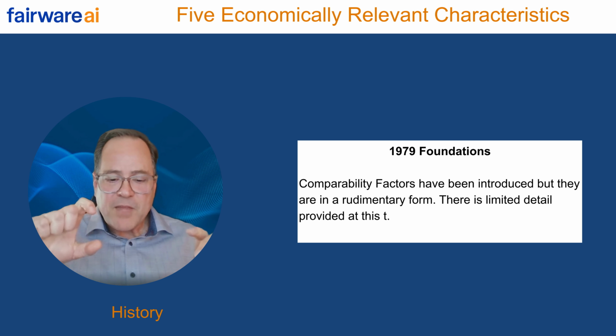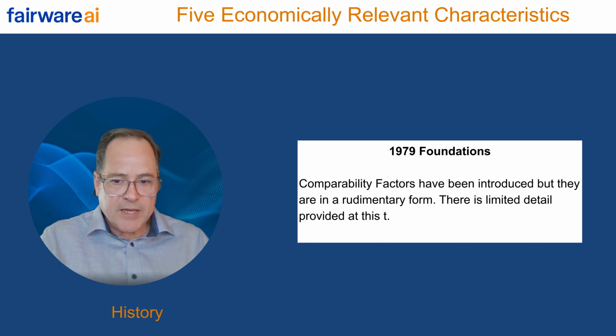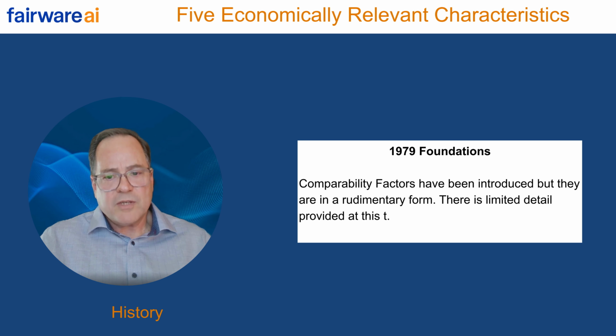And then the 5 factors were addressed in this 1979 publication, but not together. They were kind of here and there, in a very rudimentary form. They talked about the physical characteristics of a product impacting the price, the geography of the product, and they gave a couple examples of business strategies, but they weren't listed as 5 or identified.